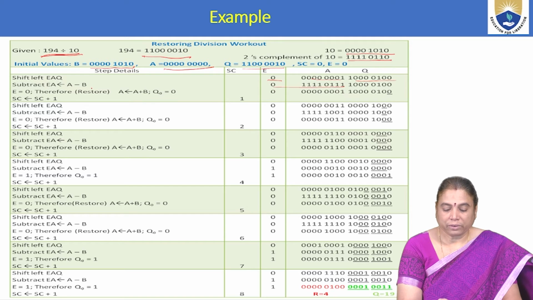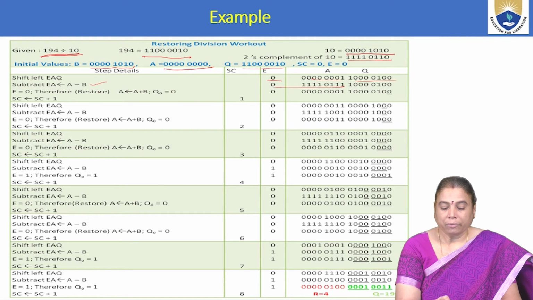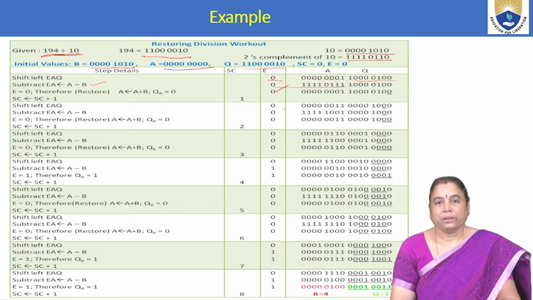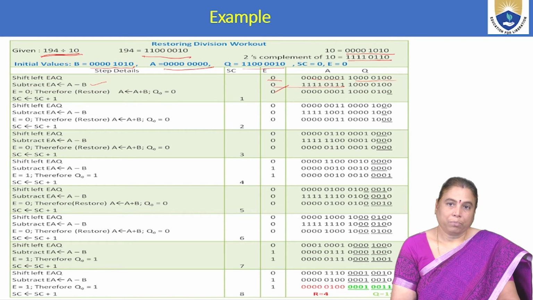So from this step we get the trial subtracted value and we can check whether this subtracted term is positive or negative with the help of the E flip-flop. So if at all E is equal to 0, then the division process can be carried out by placing the quotient as 1.